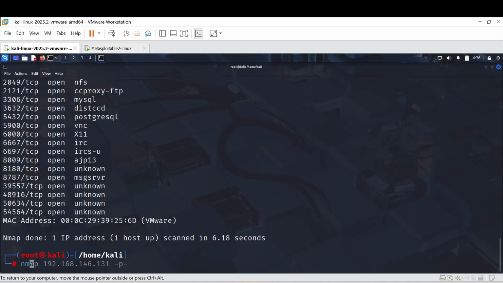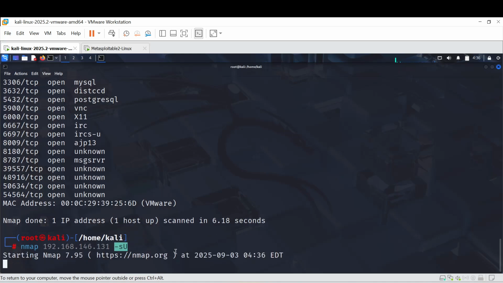So let's try to look for the UDP ports. For that, I'm writing hyphen sU, which is going to be a UDP scan. If I hit enter, it will try to perform the scan.